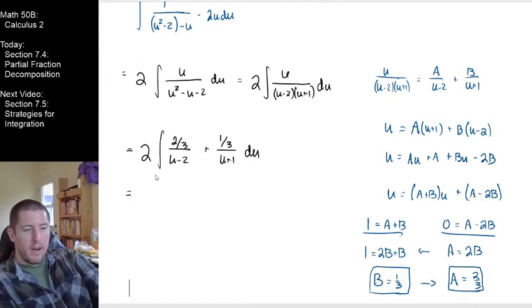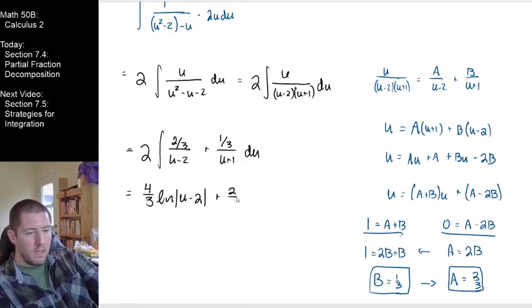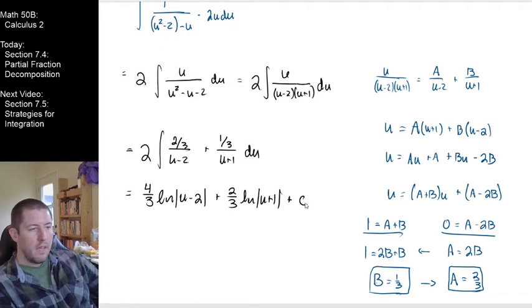I can now do my integration. I'm going to be getting 4/3 is the constant associated with the first one, times the natural log of U minus 2. 2/3 is the coefficient on the second one: 2 times 1/3 is 2/3 times the natural log of U plus 1 plus C. And we're basically done.